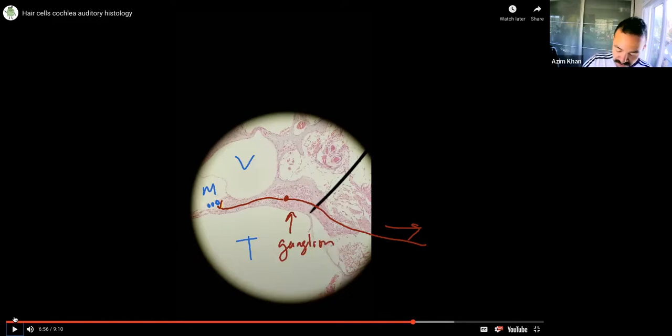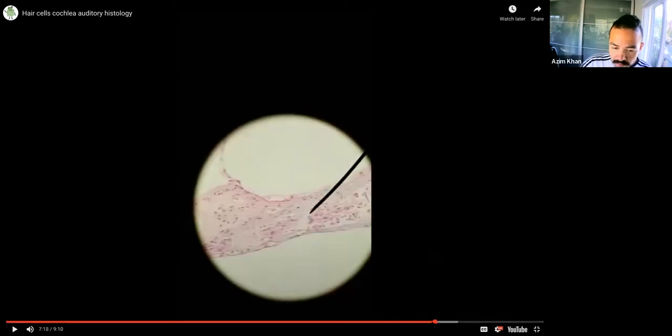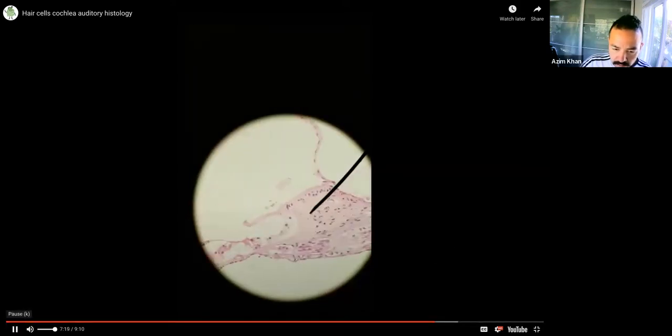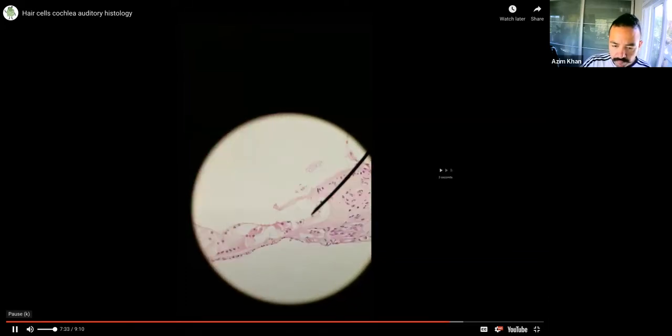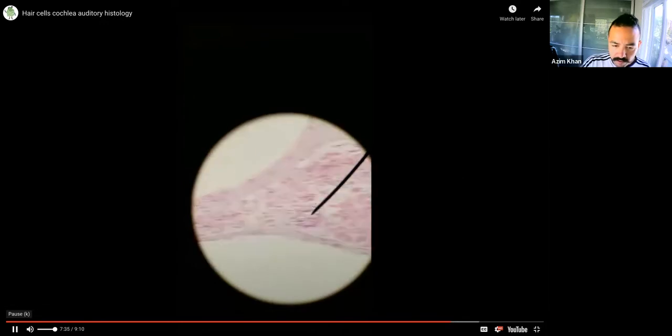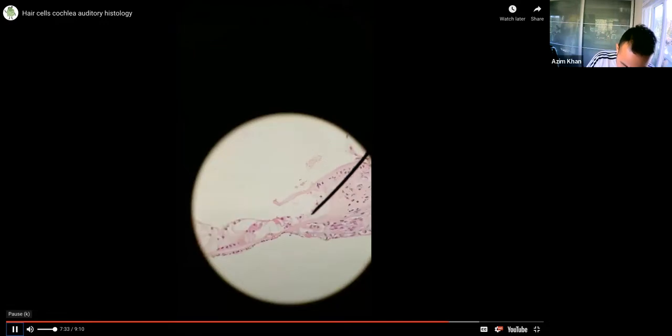And if we go closer, this is 100x. You can see the hair cells right here.